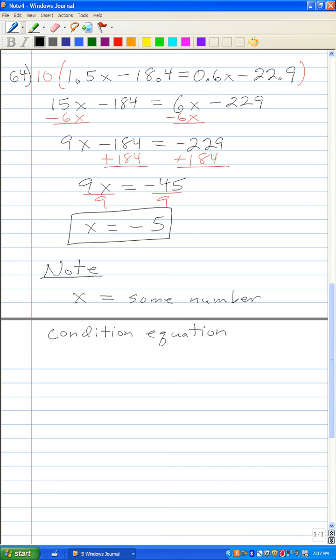Conditional equations have only one solution.